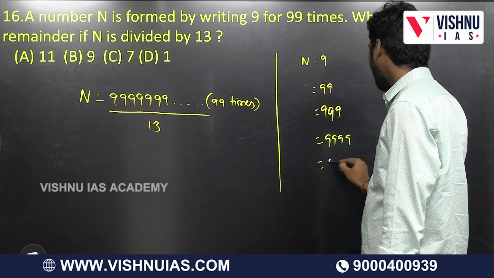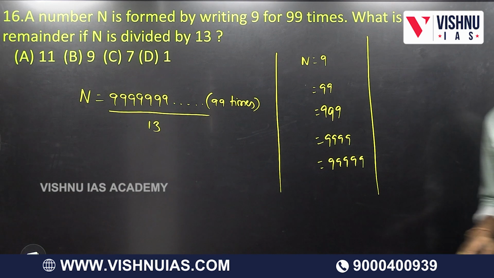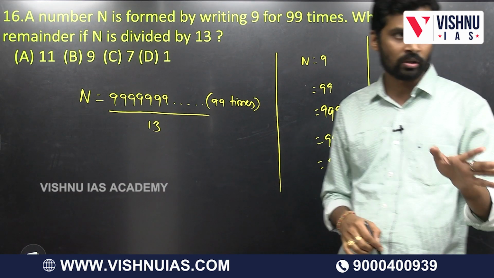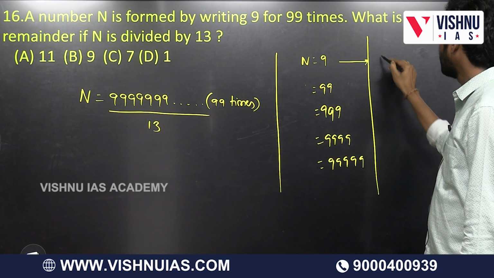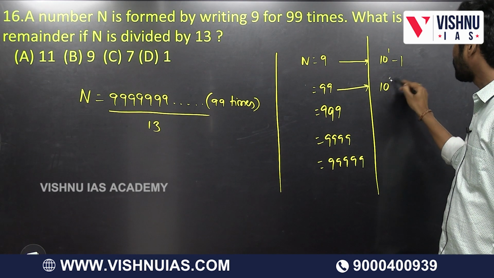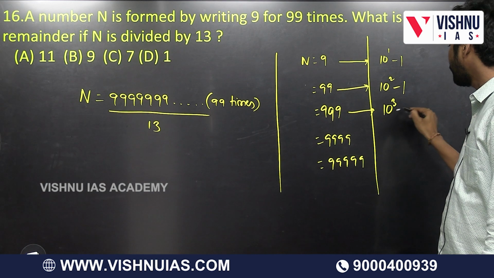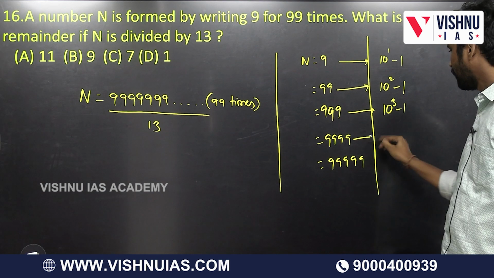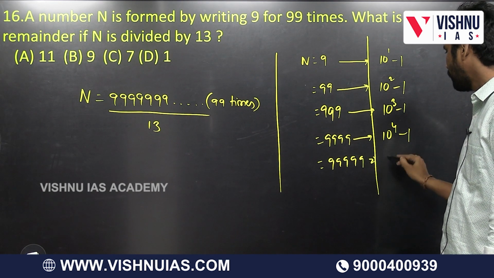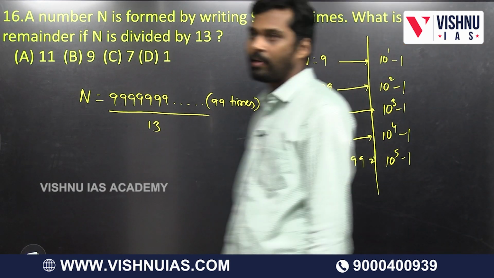If the problem is related to all nines, can I write this expression as 10 power 1 minus 1? 99 means 10 square minus 1. 999 means 10 cube, 1000, minus 1. 10 power 4 means 10,000 minus 1. And this is 10 power 5 minus 1.